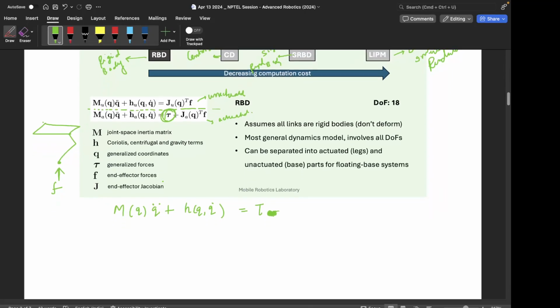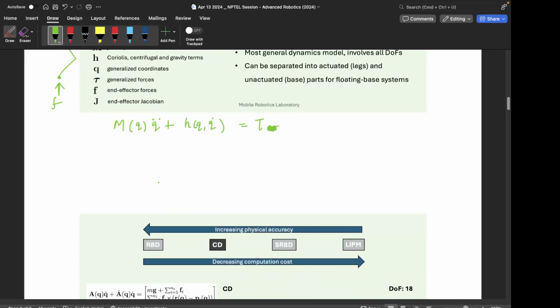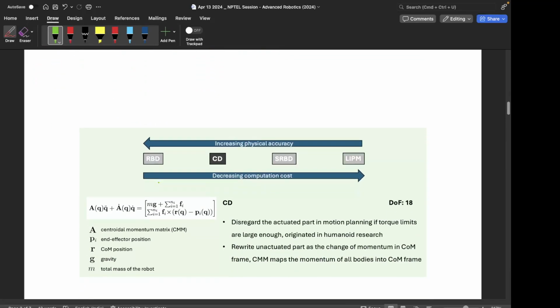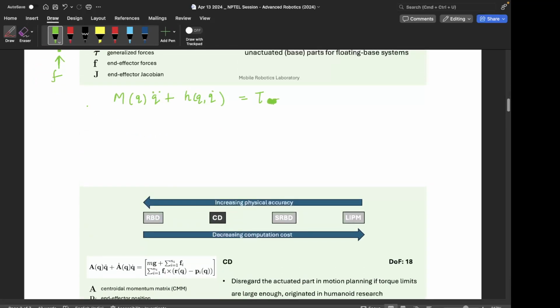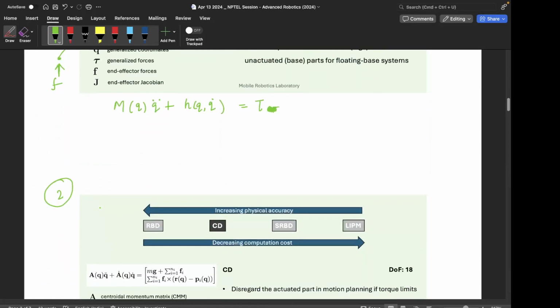Now the same rigid body model can be written in a slightly different way by changing the way we look at the system, right? And that's how we arrive at the second dynamical model, that is the centroidal dynamics, right?